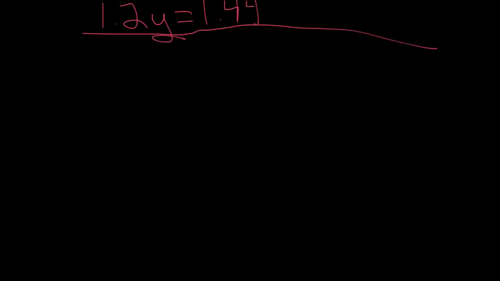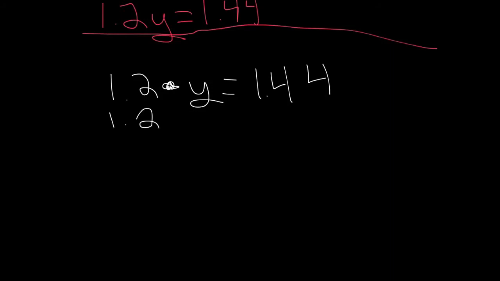First you write the problem, so 1.2 times y is equal to 1.44. So now you're going to divide. So 1.2 cancels out. Now you're going to divide that, and I don't think I can divide that in my head.